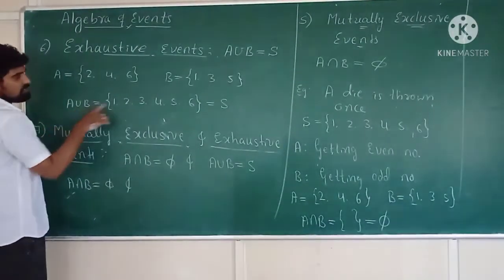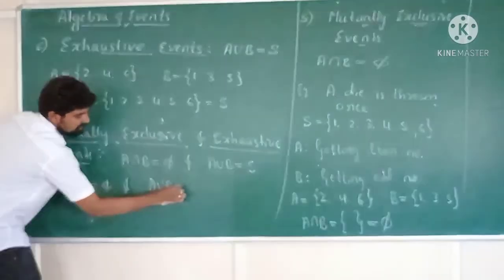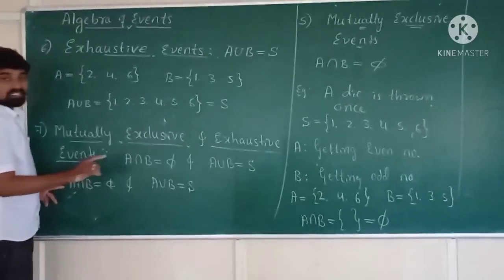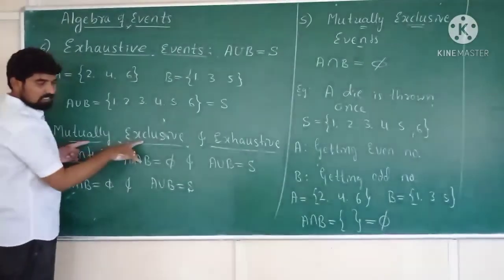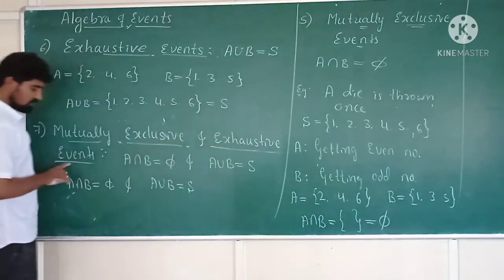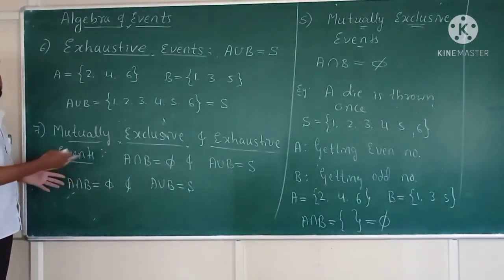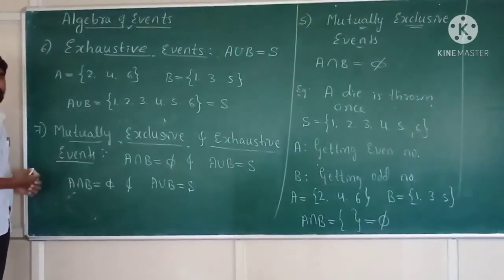A union B is equal to sample space S. Therefore, these two events A and B are called mutually exclusive and exhaustive events. I hope all of you understood. Still we will consider some more examples. If possible, take a note.